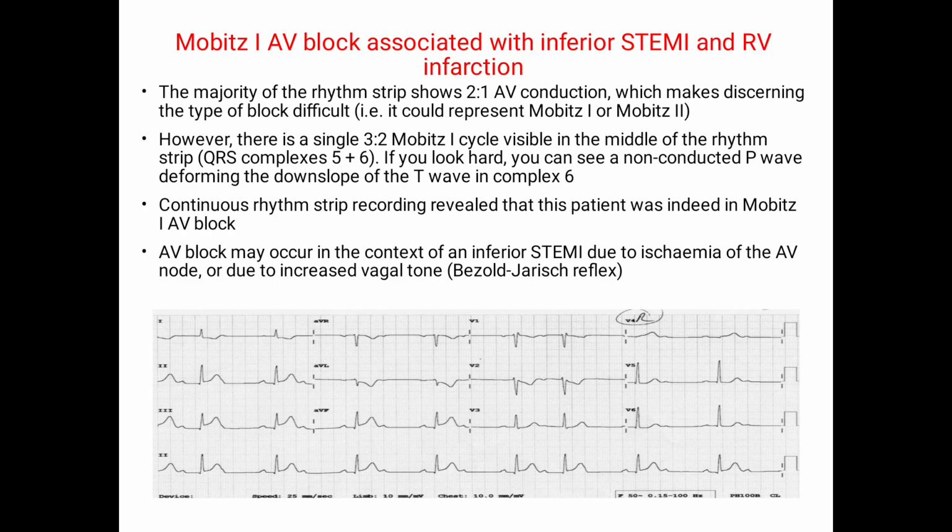Just see QRS complexes 5 and 6. If you look, you can see a non-conducted P wave deforming the downslope of the T wave in complex 6.